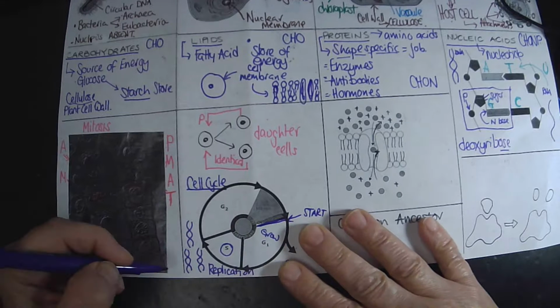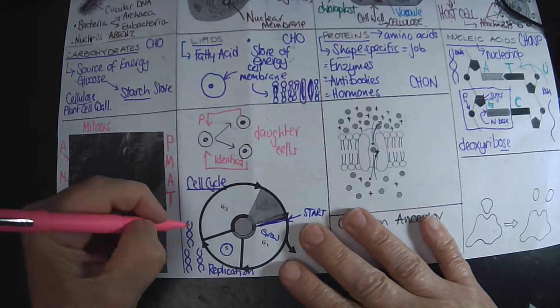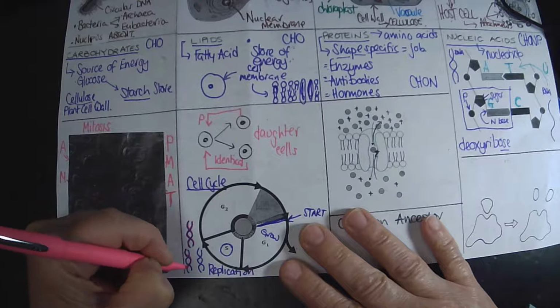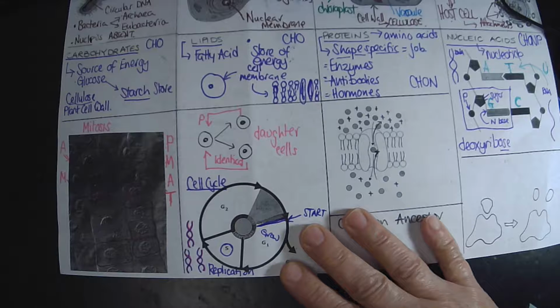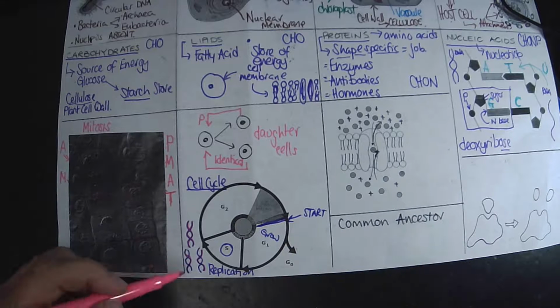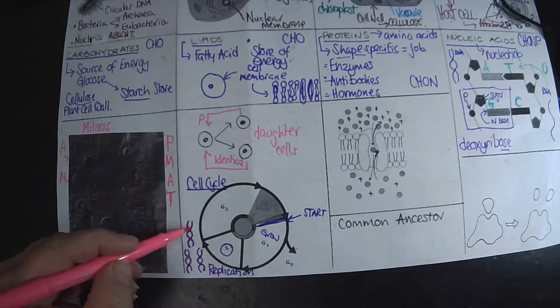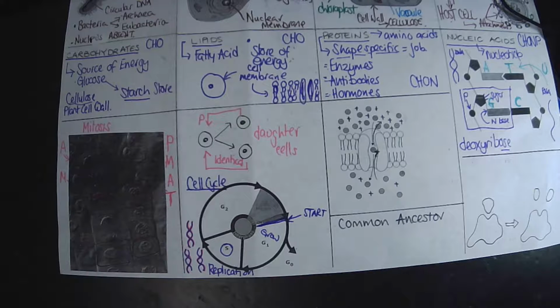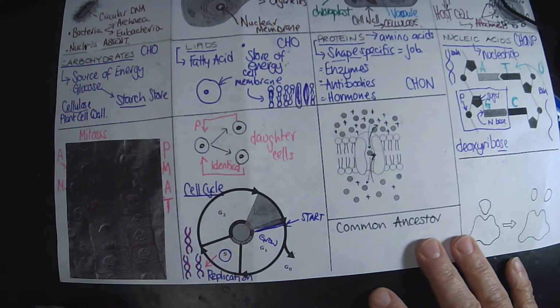Because half of the original DNA is saved in each of the two new strands, it's called semi-conservative DNA replication. That's what happens during the S phase.